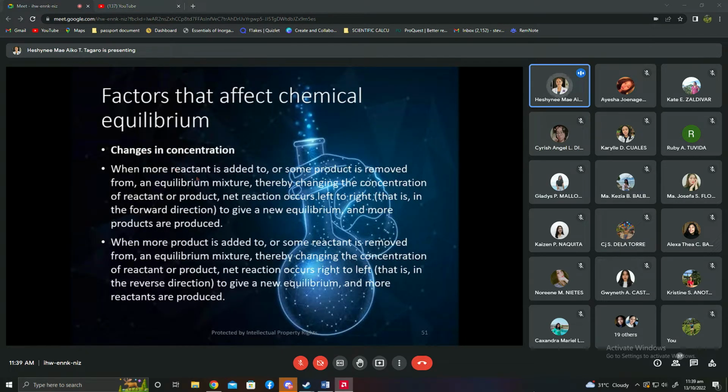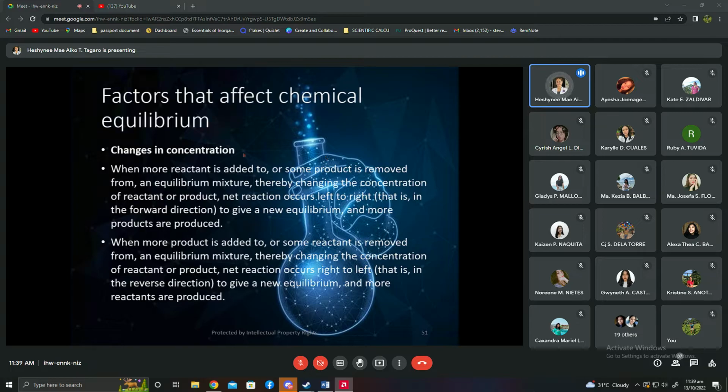When more reactant is added or some of the product is removed from an equilibrium mixture, thereby changing the concentration of the reactant or product, net reaction occurs left to right. That is in the forward direction, to give a new equilibrium and more products are produced.